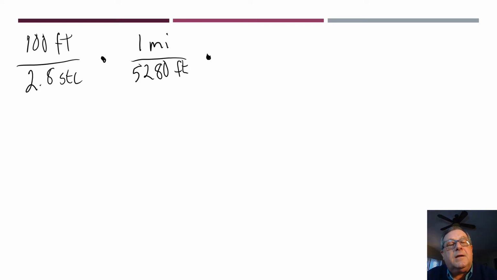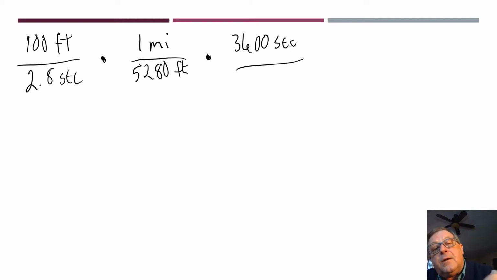But we said that there were 3,600 seconds in 1 hour. And so there's my second conversion ratio. And so let's look at our units here. My feet can cancel, right? And my seconds can cancel. And I'm going to be left with miles per hour.